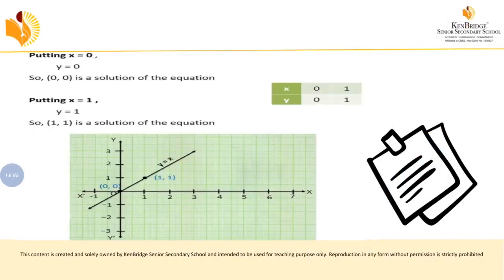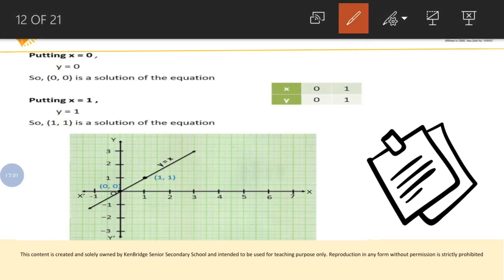First, if you want to draw the graph, we need coordinate points. For the coordinate points, we have to imagine x is equal to 0 and y is equal to 0, or any other values. Here we have taken x as 0 because we got y is equal to x, no? So x is equal to 0 and y is equal to 0 will give the same solution. Here we have taken x is equal to 0 and x is equal to 1.